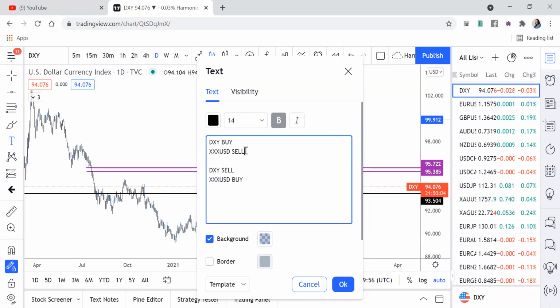If the DXY buys, USD XXX goes with it as well. And likewise down here.